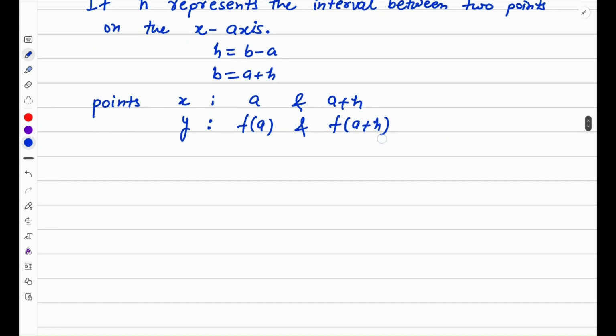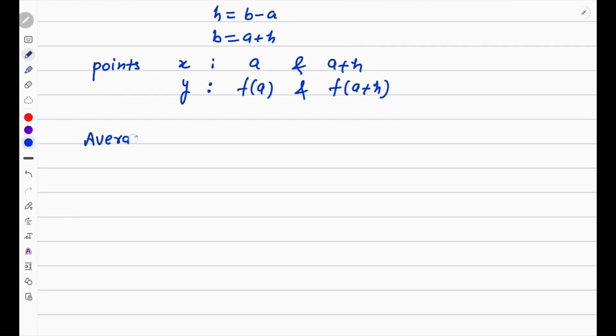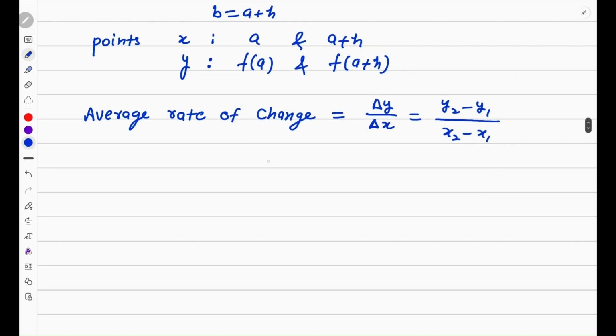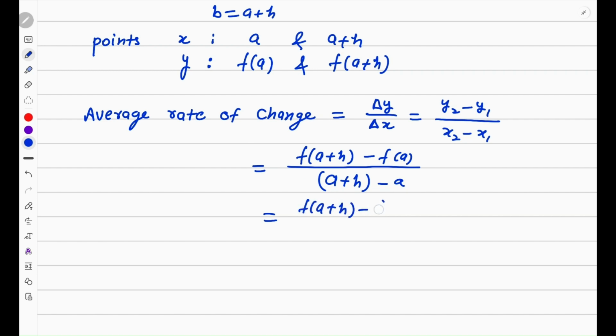So here we can say the average rate of change is delta y over delta x, which is y2 minus y1 over x2 minus x1, and it is f(a plus h) minus f(a) over a plus h minus a, which is f(a plus h) minus f(a) over h.